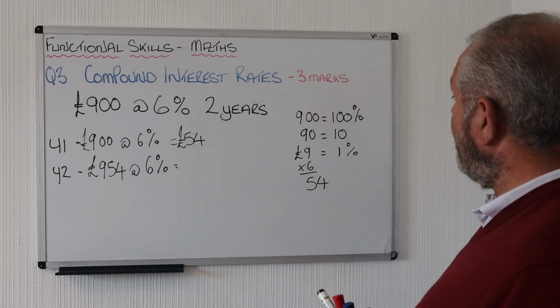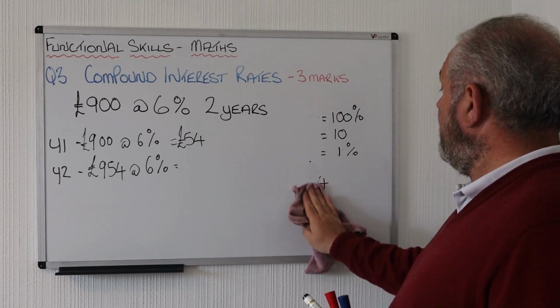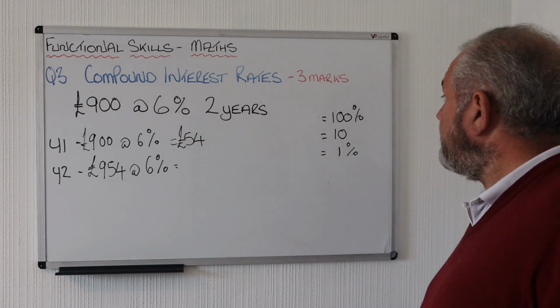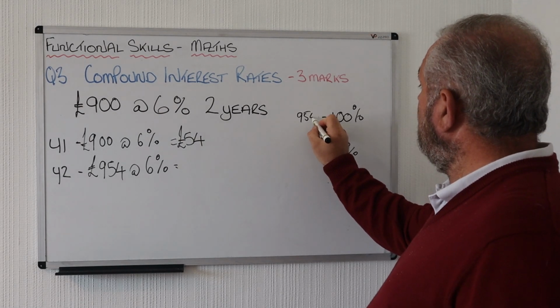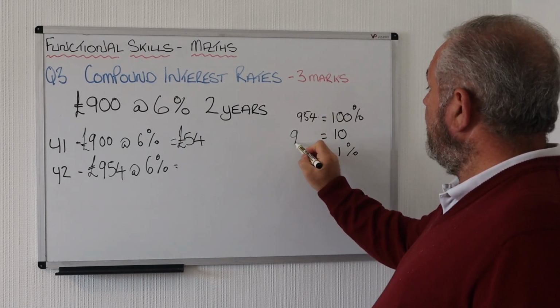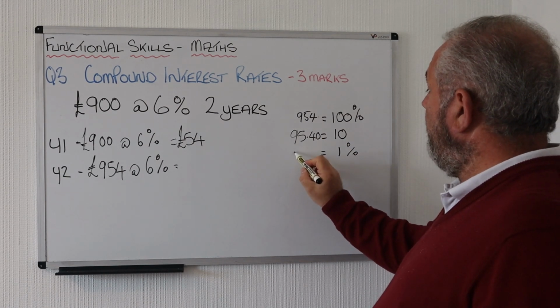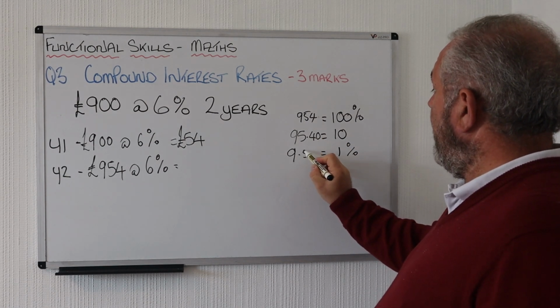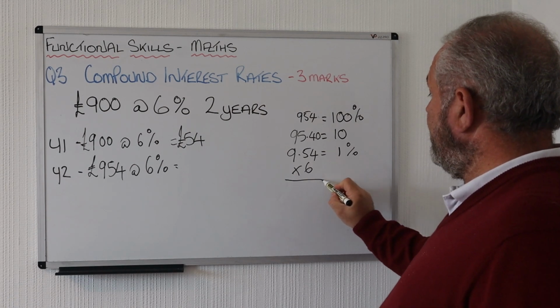I'm going to take the same approach as we did earlier, but instead of looking at 900, it's 954. So we know that 100% is 954, 10% is now £95.40, and then move the decimal point back one place even further, £9.54. We again multiply that by 6.